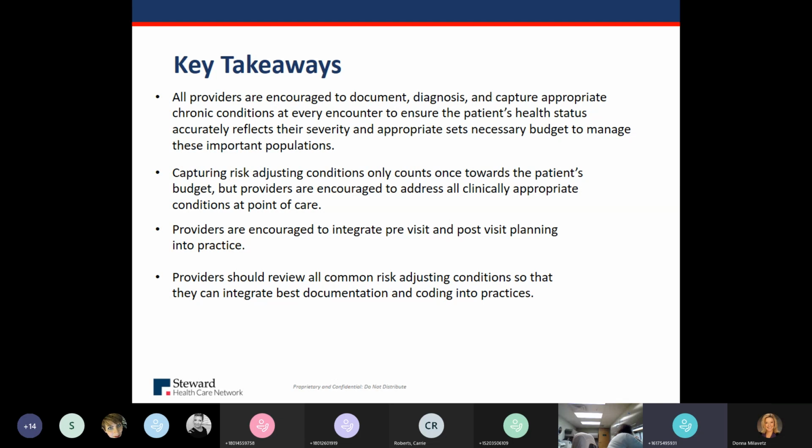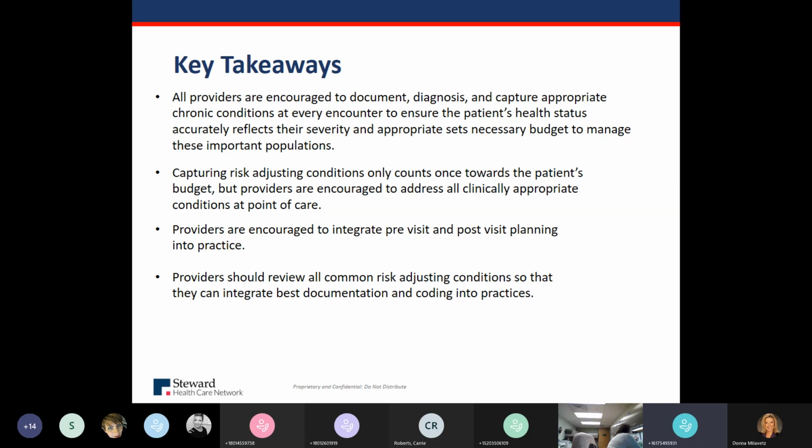And even if it's being monitored or treated by another provider, assessing it is important from a primary care standpoint, so there is a record that has all of their conditions in one place.